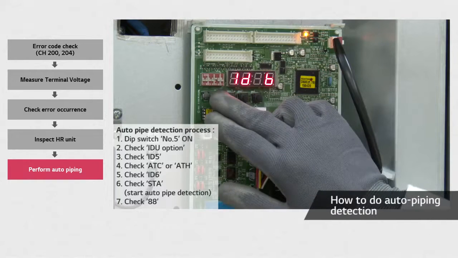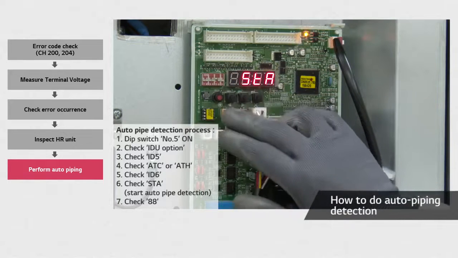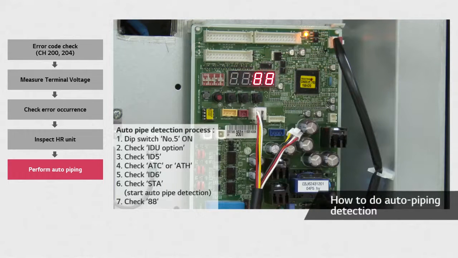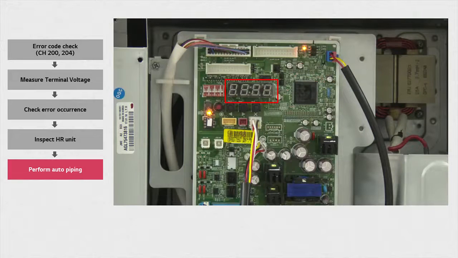Finally, after setting ID6 and waiting for a while, 88 will show up on the screen, and the piping navigation will begin. After the dip switch is properly set and the pipe detection appropriately done, error 200 will disappear.